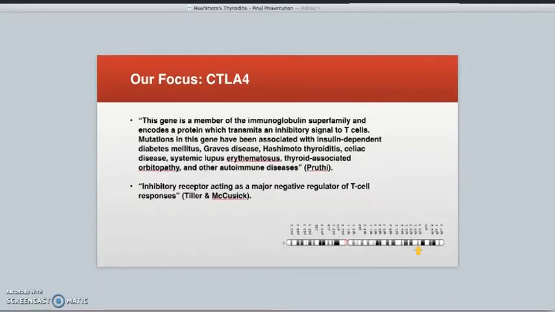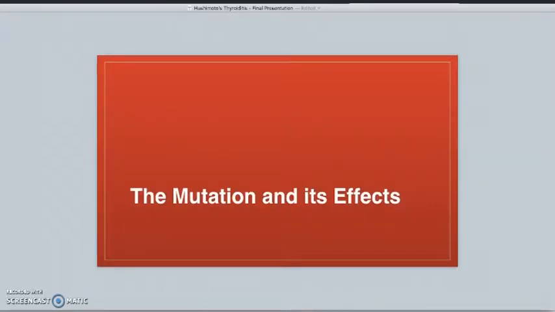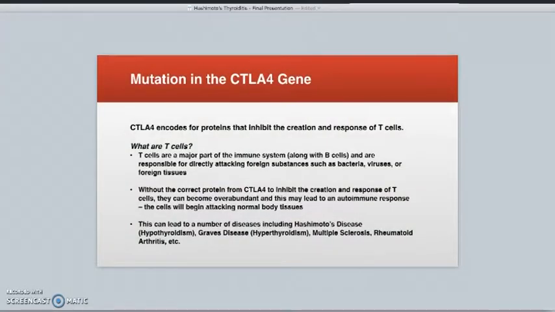It is a member of the immunoglobulin superfamily and encodes a protein which transmits an inhibitory signal to T cells. So it stops T cells from doing something they're not supposed to do. And T cells, what are T cells? T cells are a major part of the immune system. They are responsible for attacking foreign substances.